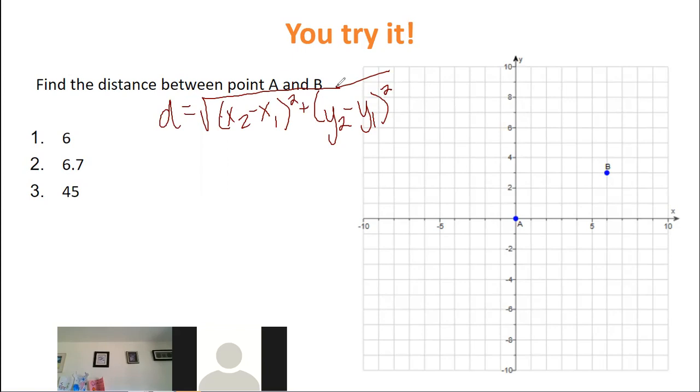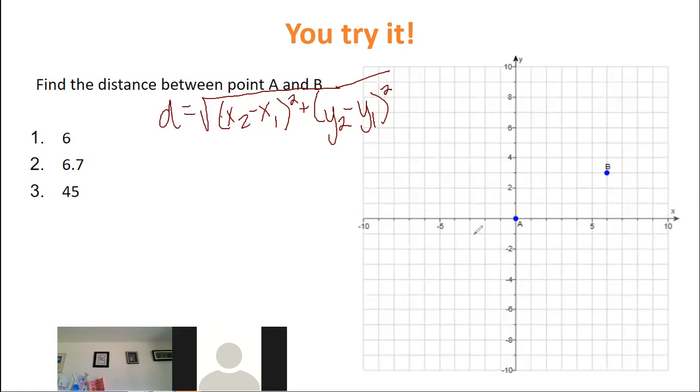What am I going to put in the formula? The coordinate. Yes, Andrea, good job. We need to know what the coordinates are.